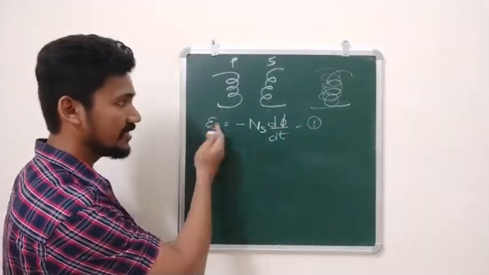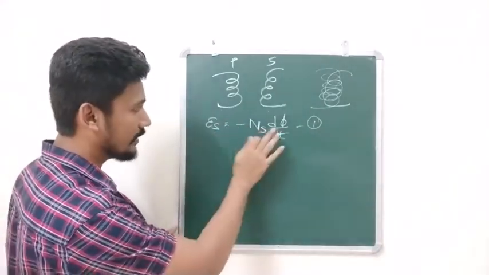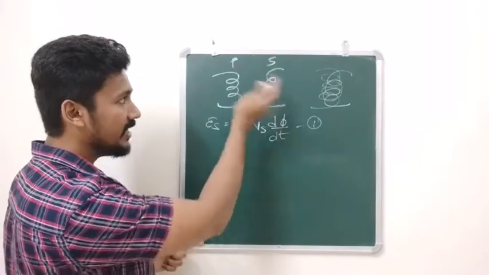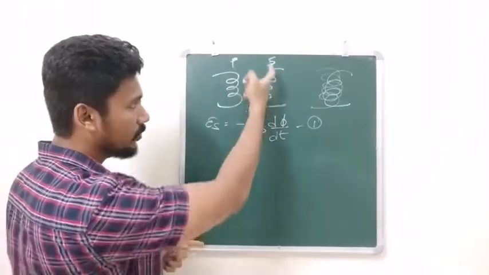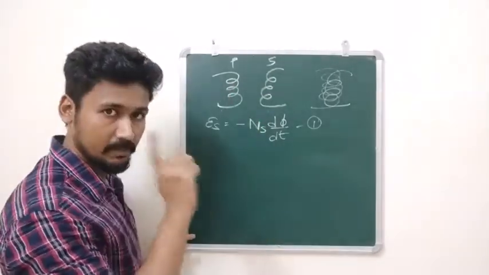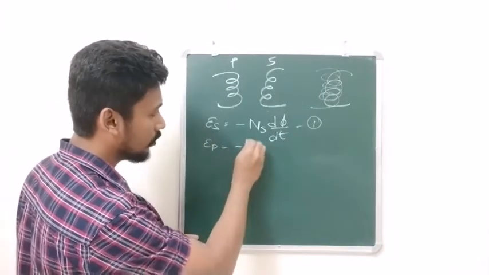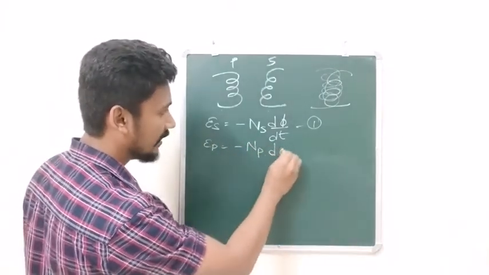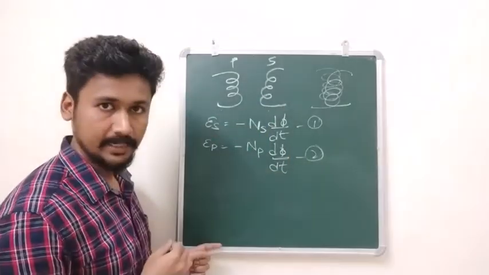Of course, as we said, this ES will be equal to VS. Now because of this flux, there is going to be induced EMF in the primary coil as well. Okay, because there is going to be an alternating current that will go through S. So we are going to get some induced EMF in the primary coil also, which will be given by EP, which is equal to minus NP d phi by dt. Let us call this the second equation.